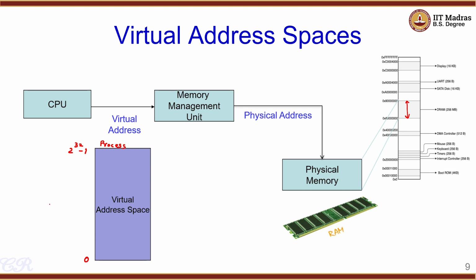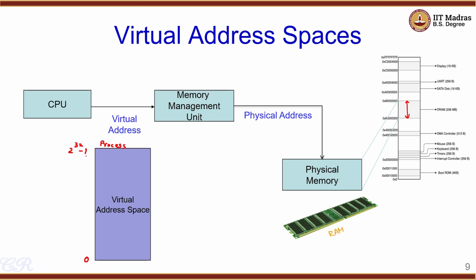Before we go into the details about how it is beneficial, we will see a little more about how this entire thing is mapped and how it works. For now, what you need to understand is that each process has a virtual address space, and each virtual address space is this contiguous region of addresses from 0 to 2 power 32 minus 1, right.